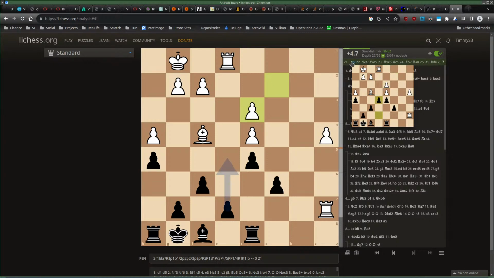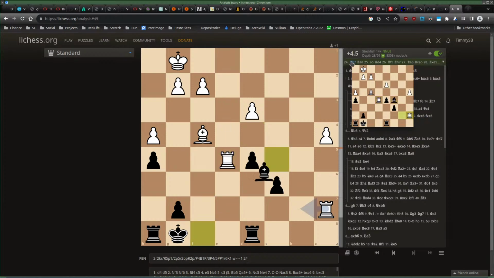White is +4. Does anyone see it? Does anyone see it? There goes one pawn, but at least I developed that one.